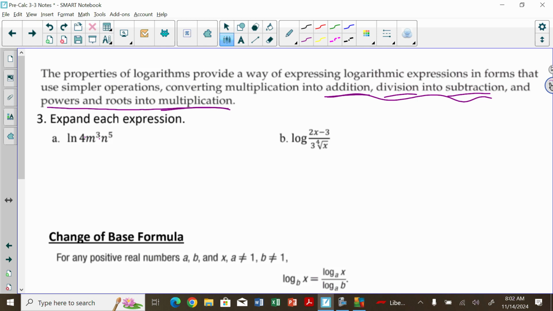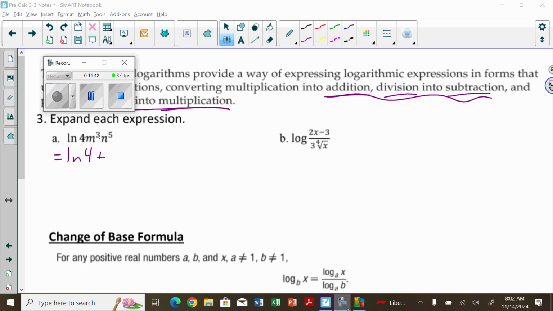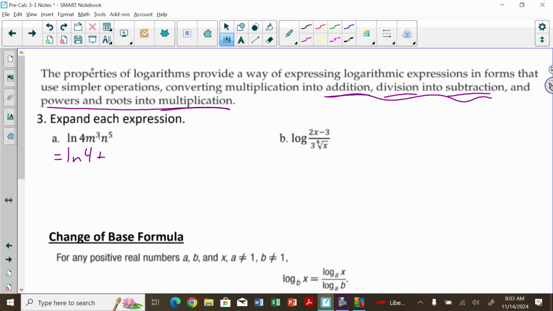So if I can expand that, since it's a multiplication there, I could expand this out and say it's natural log of 4 plus the natural logarithm of m cubed plus the natural logarithm of n to the 5th. Okay, so now I just expanded that out and made all these additions, using the product property.